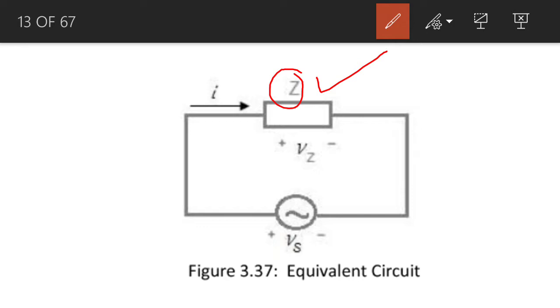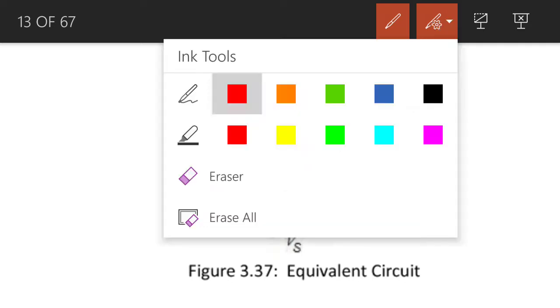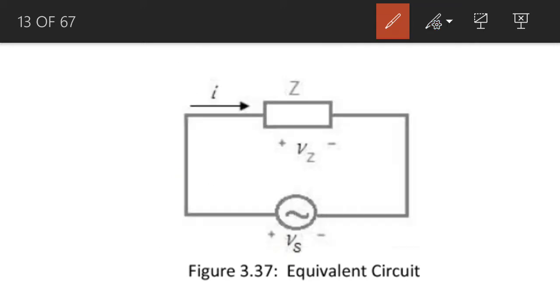And we apply the same voltage across this single passive circuit element. So there will be a flow of AC current in this series circuit, and this current will result in a voltage drop across this passive circuit element.